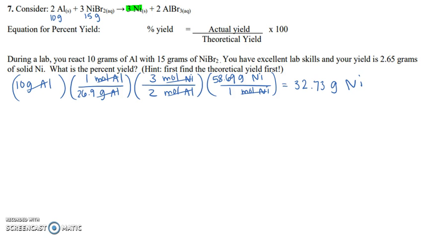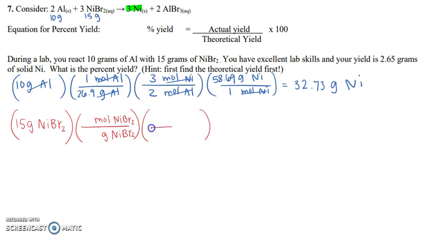What if I use, instead of all the aluminum, all of the nickel 2 bromide? So 15 grams of NiBr2. Only unit I can cancel out right now is grams of NiBr2. And I can turn that into moles of NiBr2.